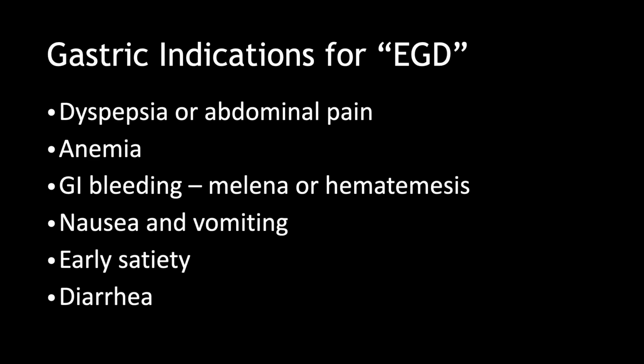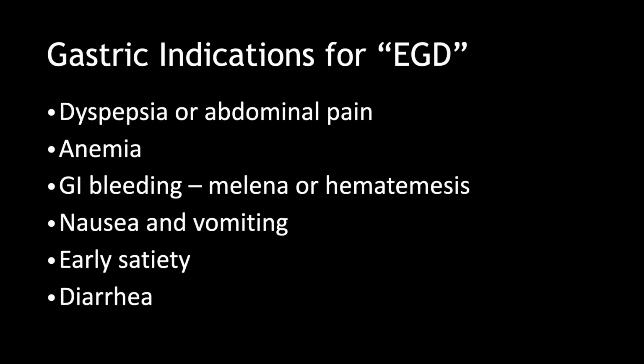So GI bleeding can be overt, meaning the patient is manifesting the bleeding, or it can be occult, meaning you presume the patient has a GI bleed because they are presenting with anemia. The GI tract is, after all, one of the most common sources of blood loss and subsequent anemia.